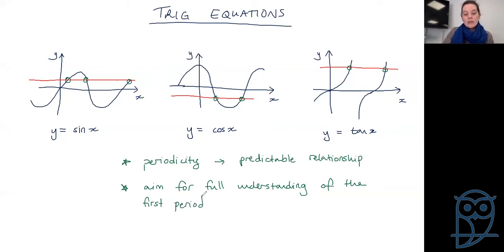That is a rule we can apply across all 3 functions and all the different situations. If we understand that first full period, then we can start to make predictions outside of there, and that's how we get into our CAST. So we're going to recap that CAST a bit from the other day.